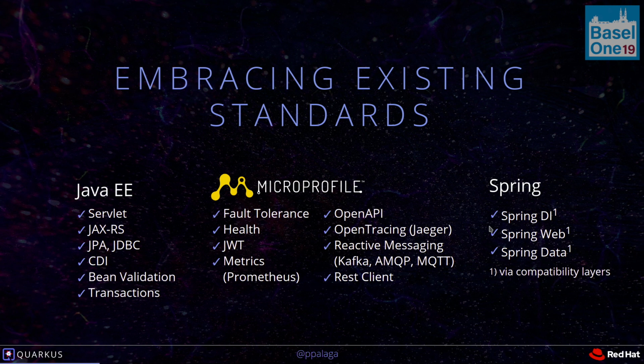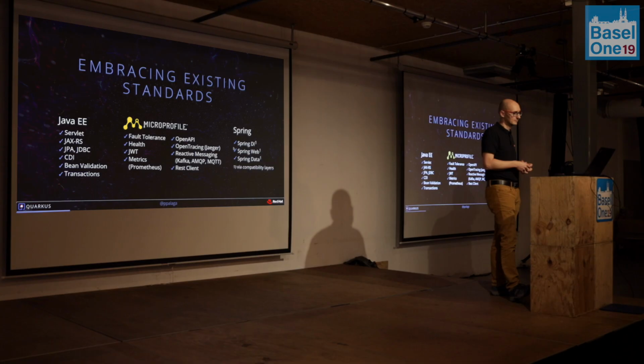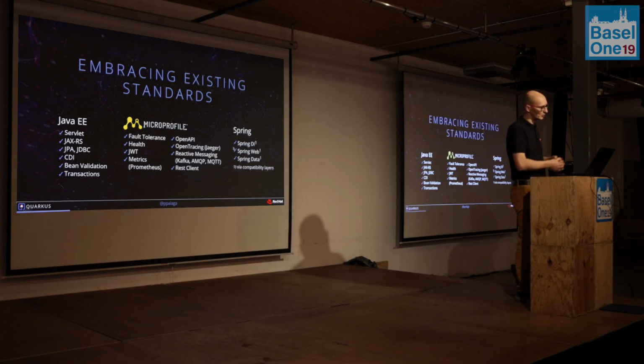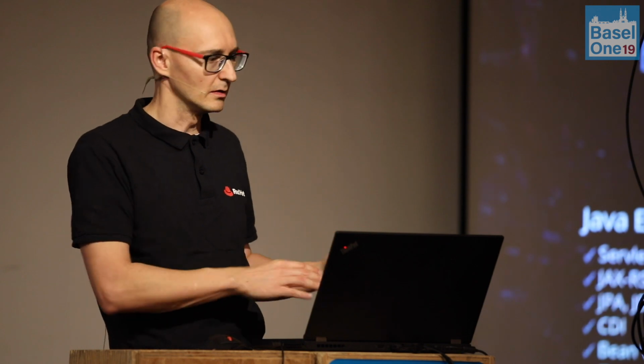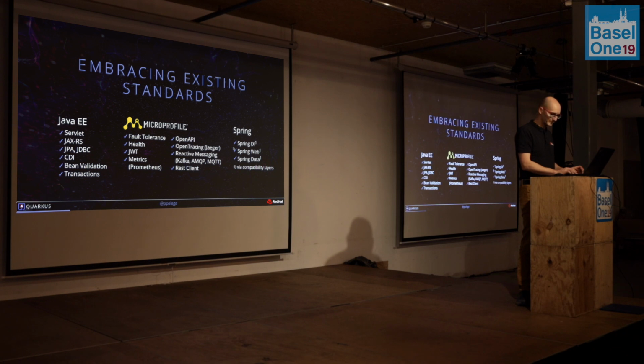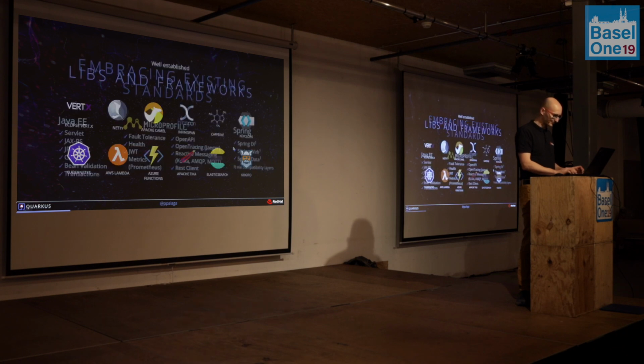And the support works through a compatibility layer. There are compatibility layers for Spring dependency injection, for Spring Web, and Spring Data. Compatibility layer means that the annotations coming from the Spring Java packages are mapped to the ones available in the MicroProfile or Java EE implementations of the respective specifications, okay?